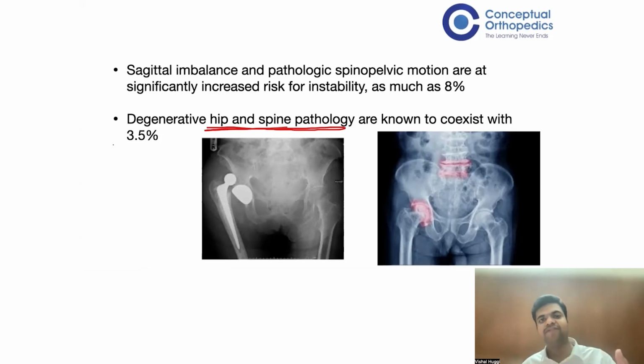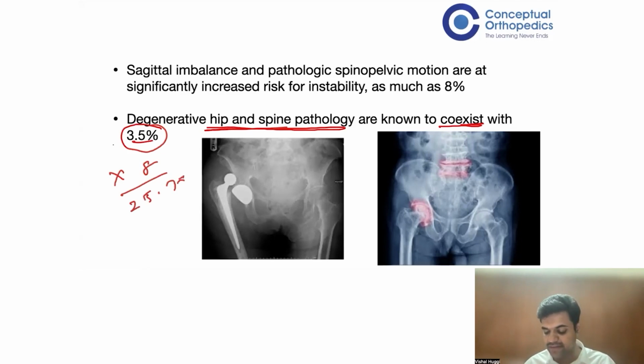But when you plan the patient for THR, they are easily in the third or fourth decade of their life. So over a period of 30, 40 years, a degeneration develops. That degeneration coexists in the spine and hip, and it is up to 3.5%. Imagine what the result is: somewhere about 25 to 27% increase in the risk of your hip going for dislocation. A well done THR, a well placed cup, a well placed stem can still go for dislocation. That is the reason this topic has gained a lot of importance in recent times.